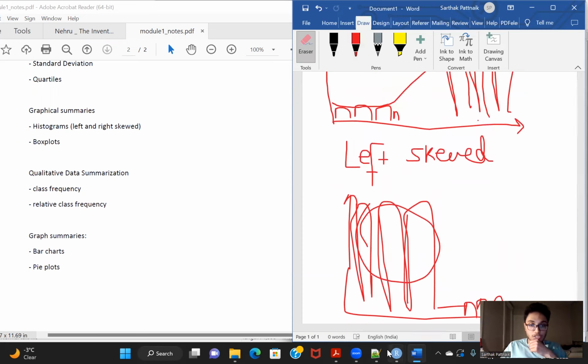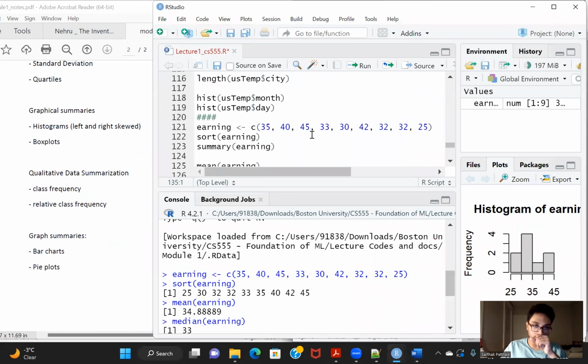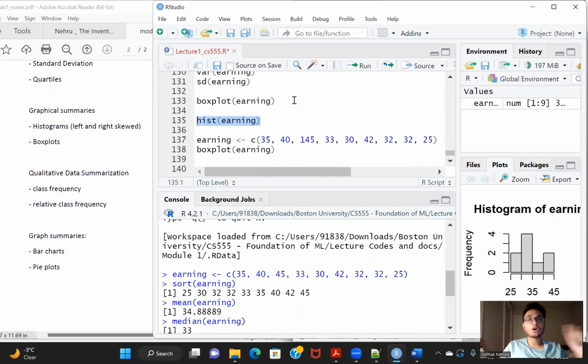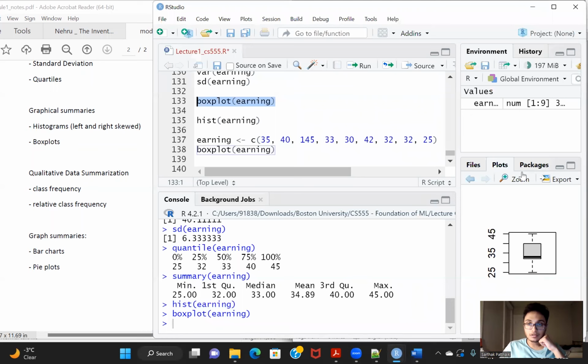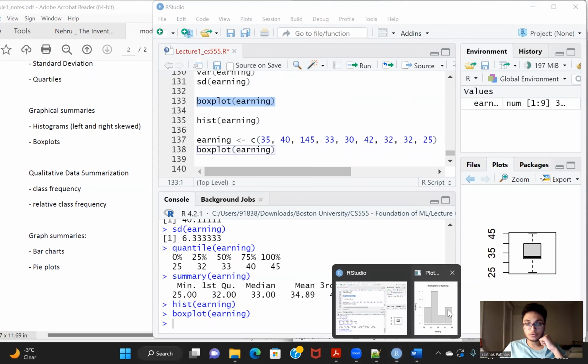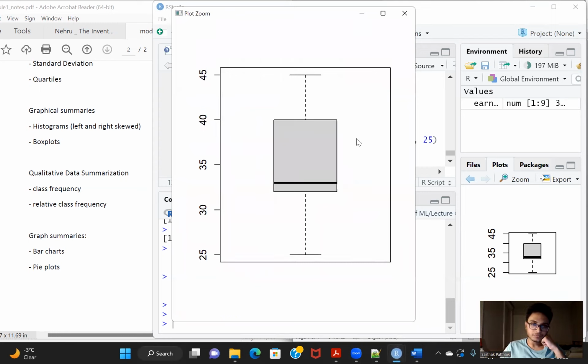Next, we'll move on to box plots. Box plots are another way to represent quantitative features. Now, essentially, what box plots show is a diagram like this. I'll elaborate on this a little more, but it will show you the 5-point summary.